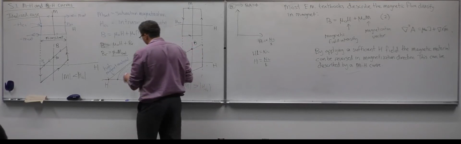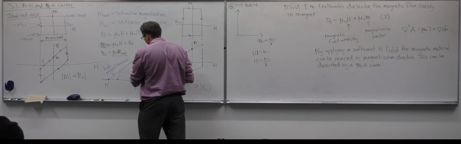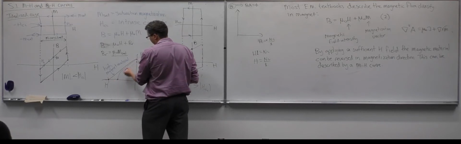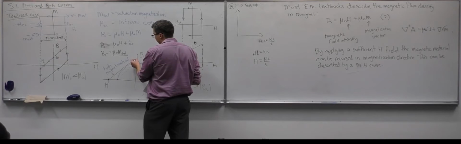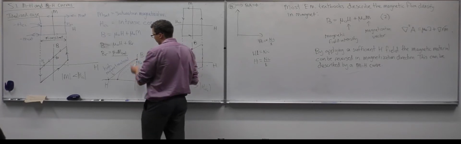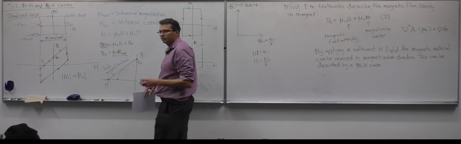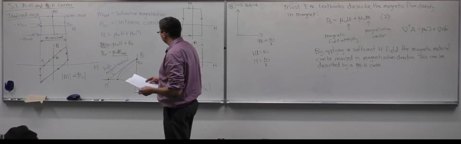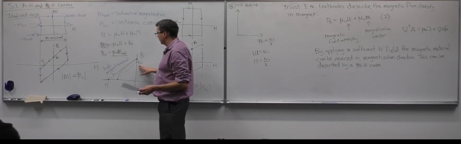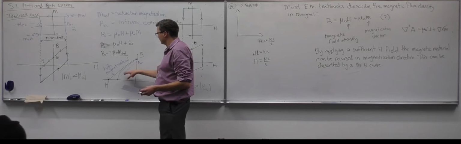So then the recoil line, the point where it comes back up, wouldn't go back to the same point, which is not good. Your magnet material is now lower than it was before.